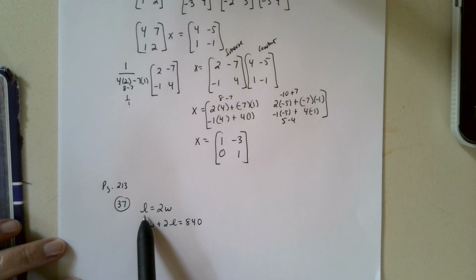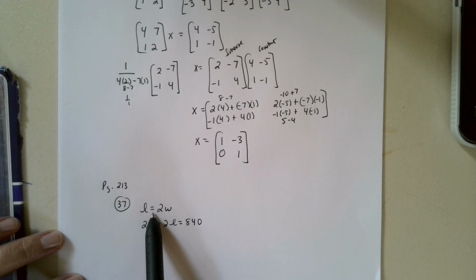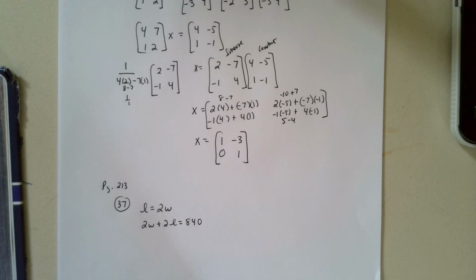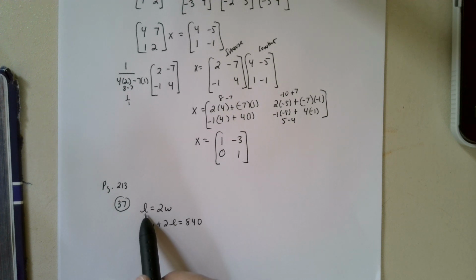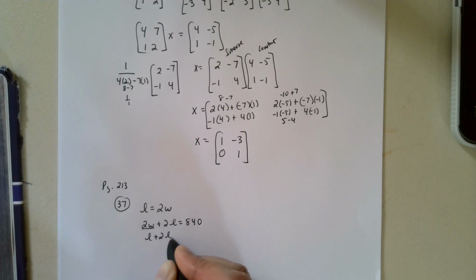All right, so I've got my two equations. L equals 2W, and 2W plus 2L equals 840. Now, the directions don't say that you have to use inverse matrices. So my first thought is just to do some substitution. This says L is equal to 2W. So this 2W right here can change to an L. And then I have 3L equals 840.